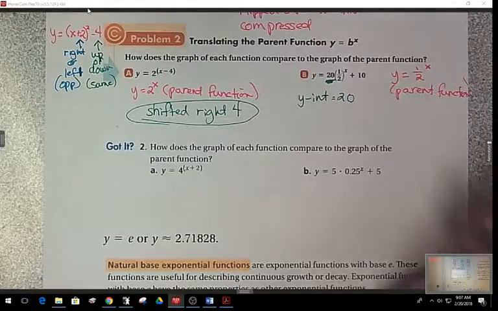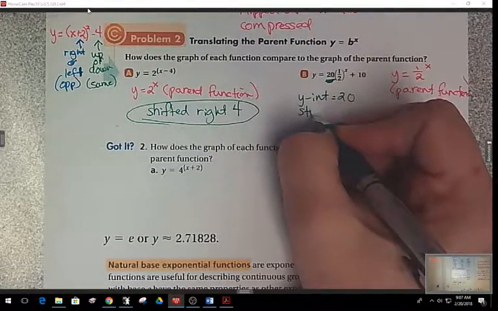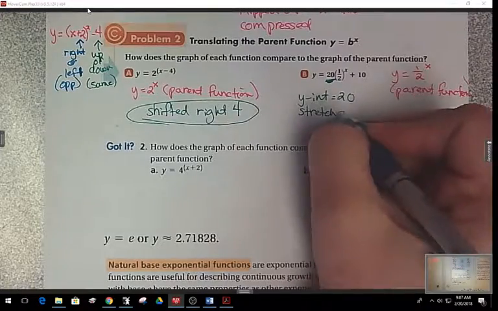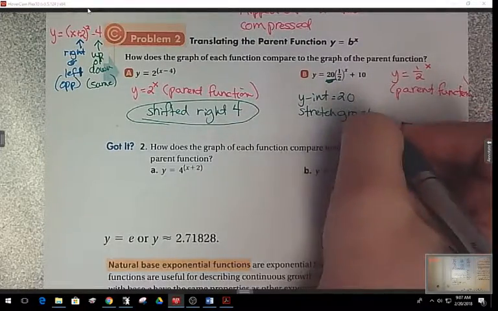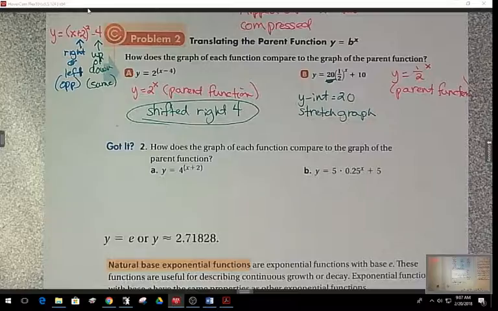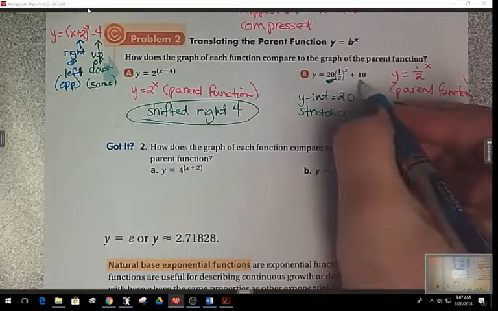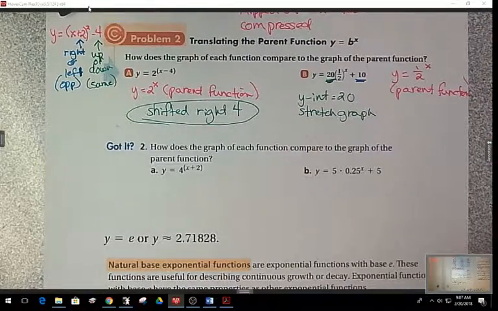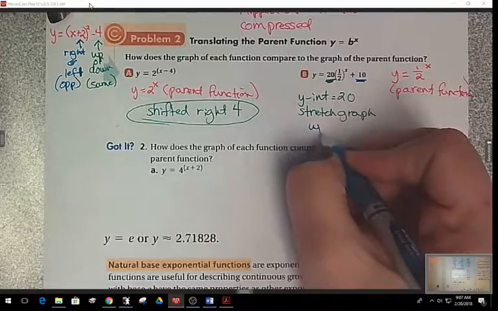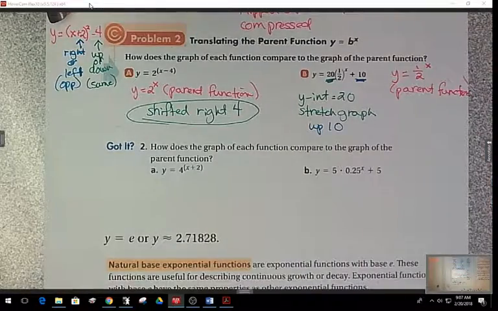Because that is bigger than 1, it is going to stretch the graph. And my 10 out here, because it comes after the x, it's not in parentheses with the x, it comes completely and totally afterward, that is going to shift it up 10.